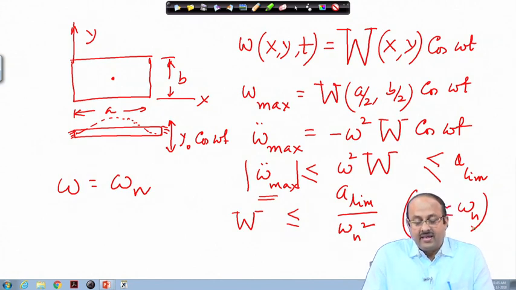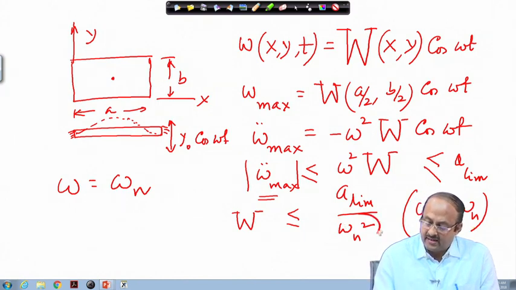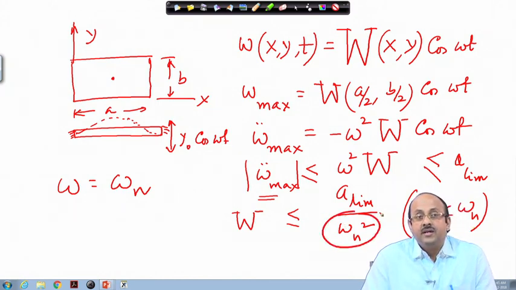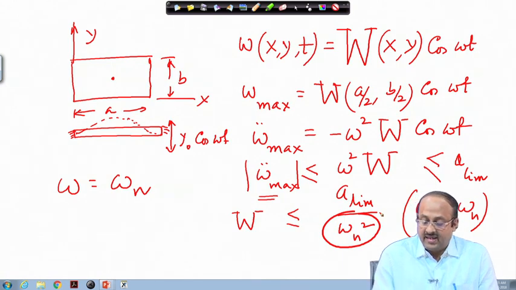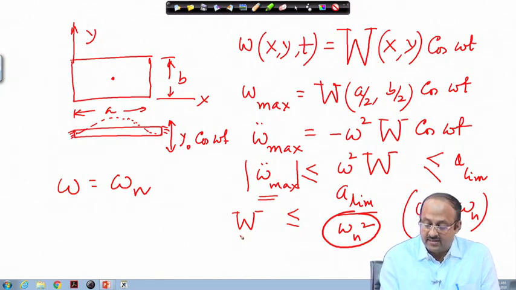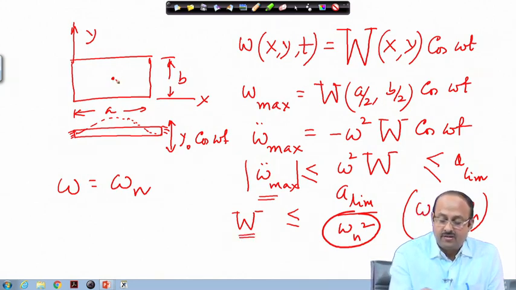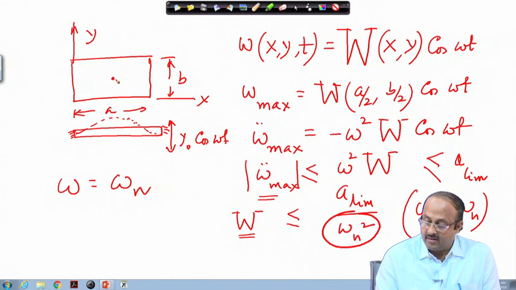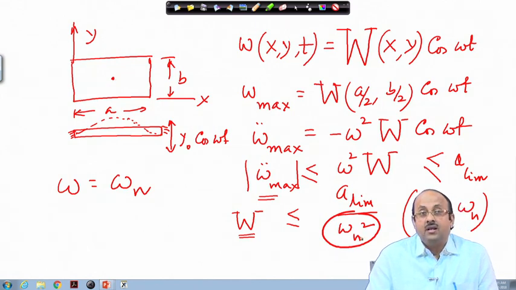Now, we see one thing: in order to reduce the level of vibration, we have to select omega n to be quite high, because in that case, for a given limiting acceleration, the response W at this point will be quite low. So, this will be our strategy to reduce the level of vibration here.